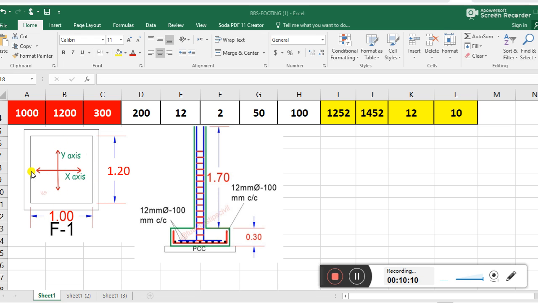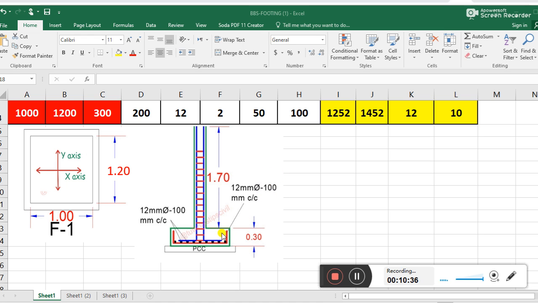We calculated all lengths and number of bars for this rectangular footing. Guys, this is the concrete cover. We've assumed it 5 centimeter or 50 millimeter. See, this is the height 1.7, 12 millimeter diameter of bar, spacing center to center is 100 millimeter.